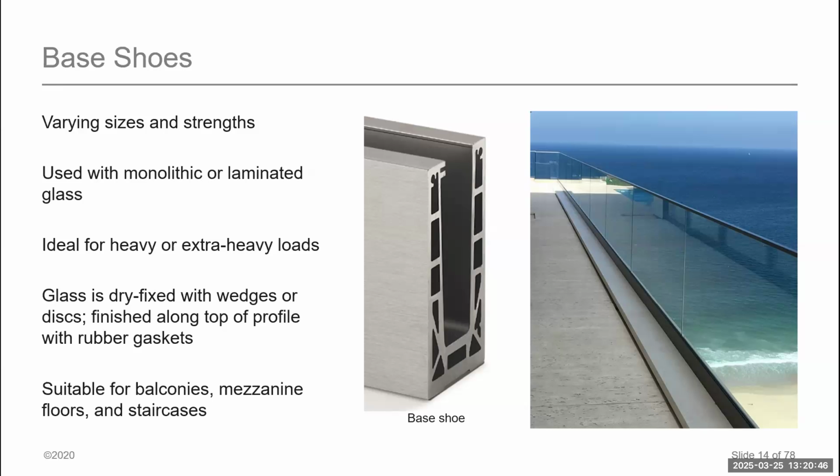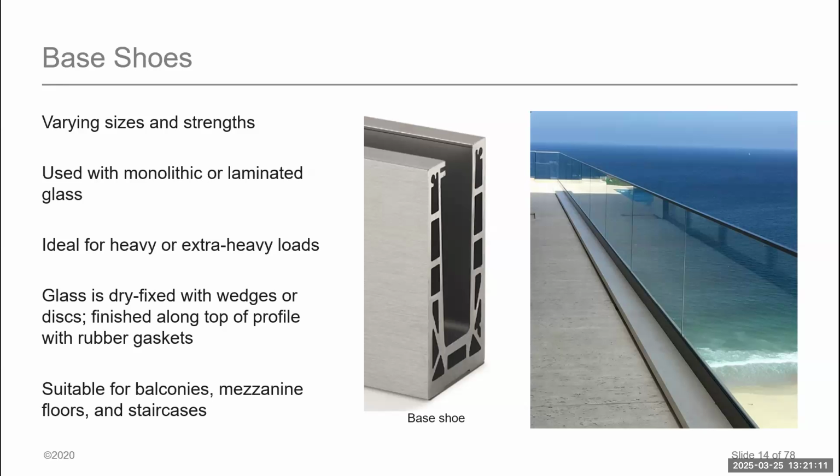The first of them is a wet set system, which is using some type of structural caulking. The next is a dry fix system, which could either use some type of wedge, or it could also use a disc or a taper lock, some of the common terminology out there in the market. And they're suitable for all varieties of applications: interior, exterior, residential, mezzanines, roof decks, etc.